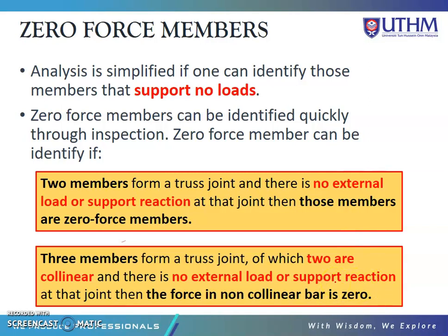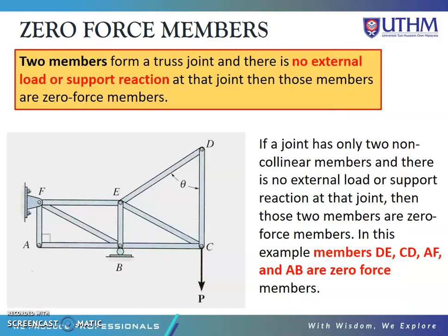So we will look at how to identify these members in the truss. The first one is here: two members form a truss joint where there is no external load or support, di mana tiada external load dan juga reaction.